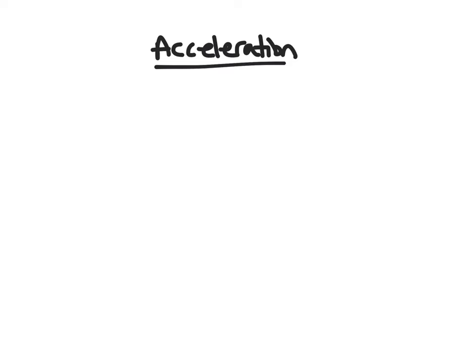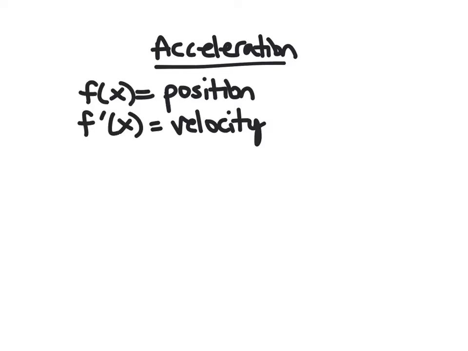We can even take this a bit further with acceleration. Velocity is the derivative, or the rate of change, of position. You might see this in something like position in meters, velocity in meters per second or something like that. And then the derivative of that, the second derivative, would be written f double prime of x.